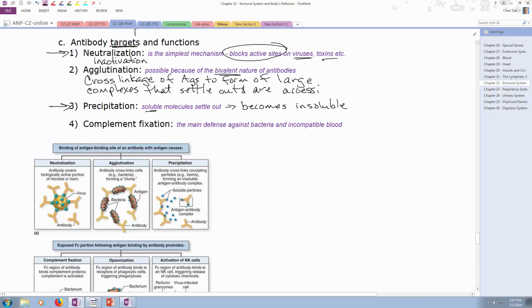Excuse me, my spelling is real off on this one, so forgive me on that. But they are accessible for our phagocytes also.